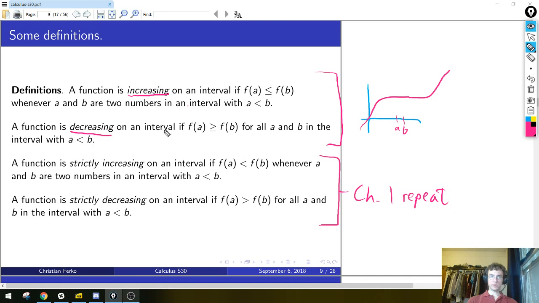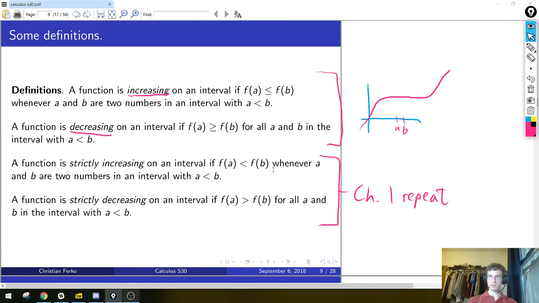Similarly, a function is decreasing if f of a is greater than or equal to f of b whenever a is less than b. So again, this could plateau and then go back down. It can be equal, but has to always be equal or decreasing. And strictly increasing and strictly decreasing do not allow equality.